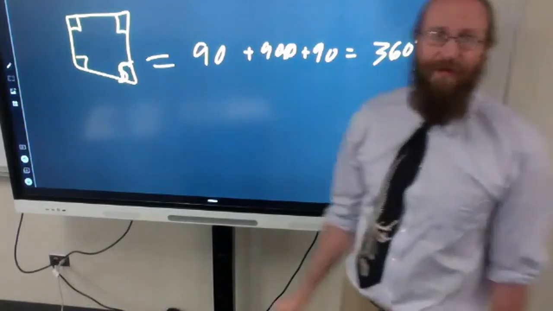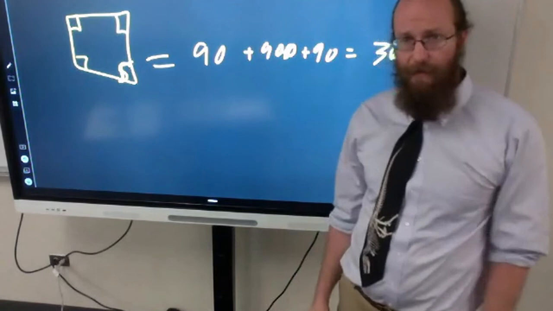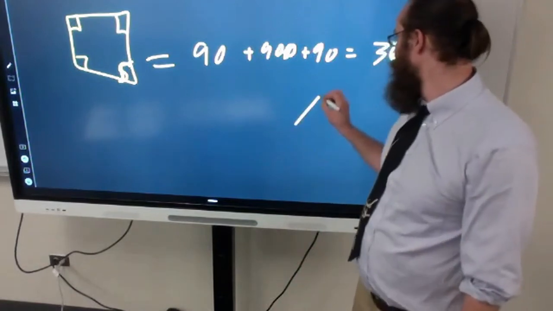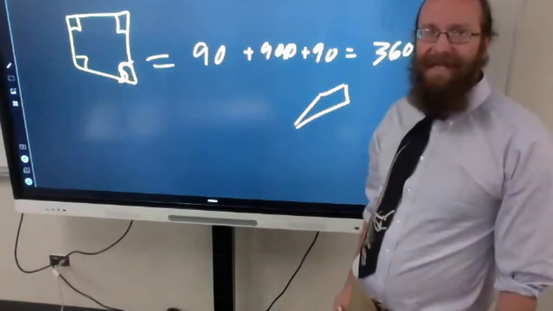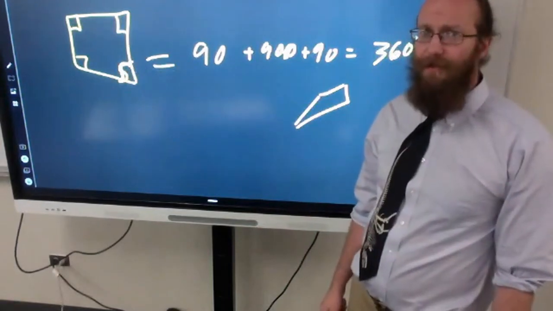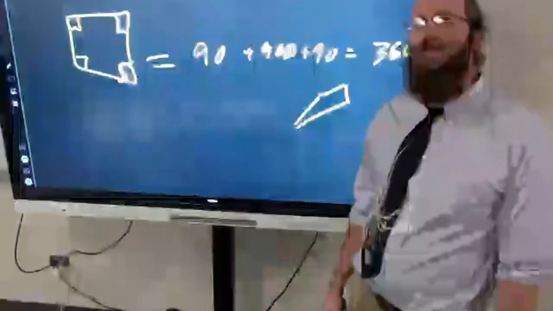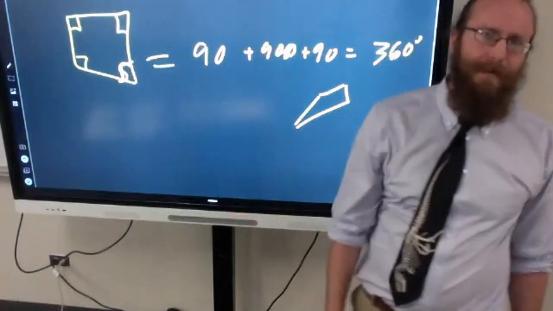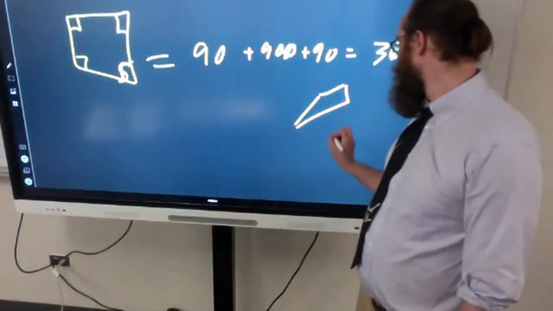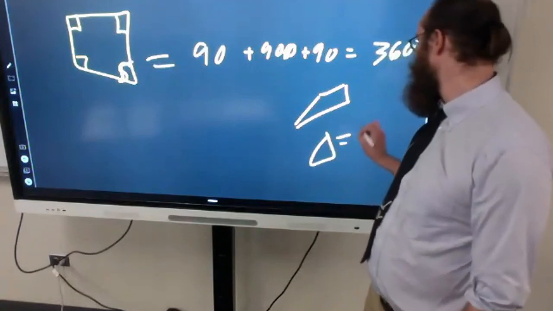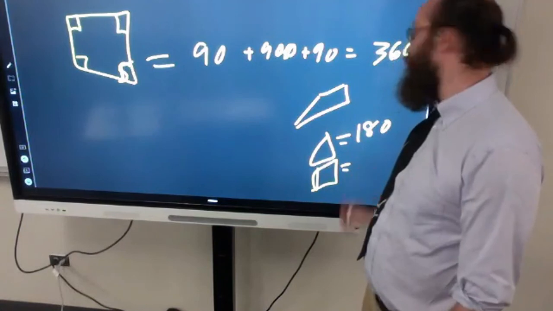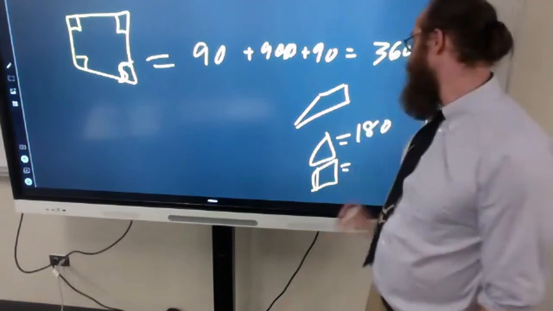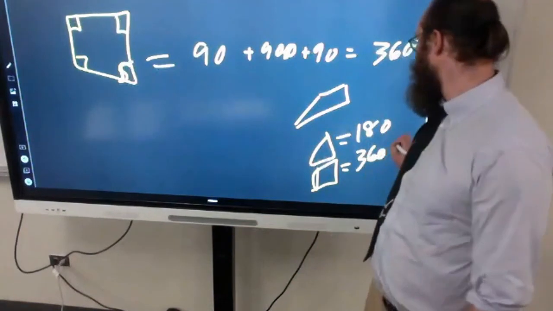And that is true for any four-sided shape, any normal four-sided shape, like that one, right? The inside angles are going to add up to 360 degrees. There's a formula for this, but we don't want to talk about that right now. Anyways, triangles are 180. Squares, or quadrilaterals as they're more accurately called, would be 360 degrees.